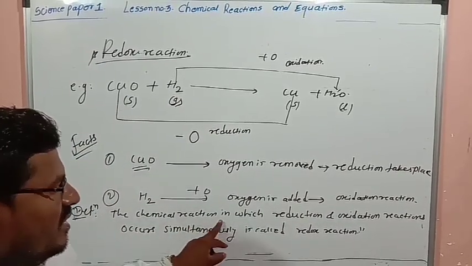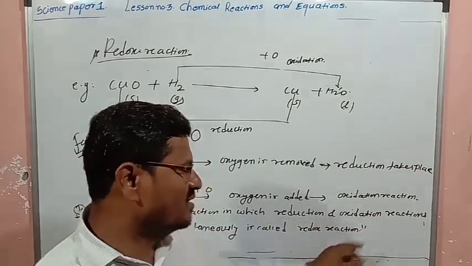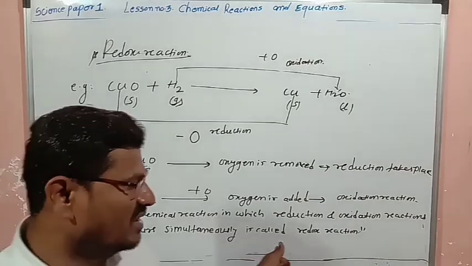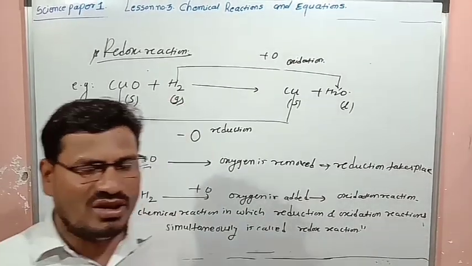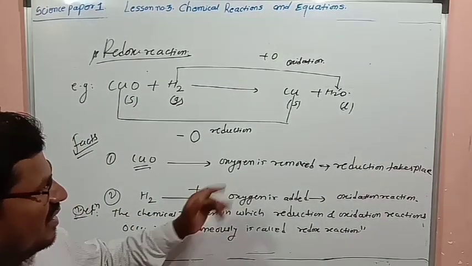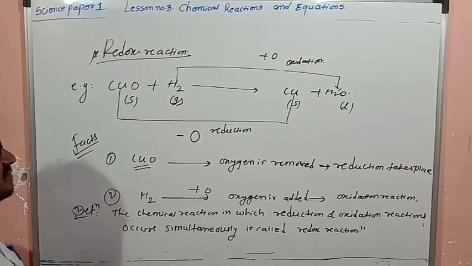The chemical reaction in which reduction and oxidation reactions occur simultaneously at a time is called a redox reaction. Again, an important thing is there.